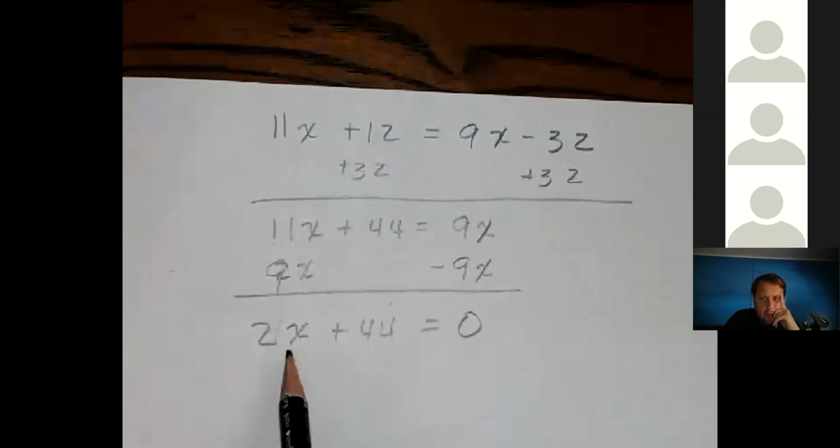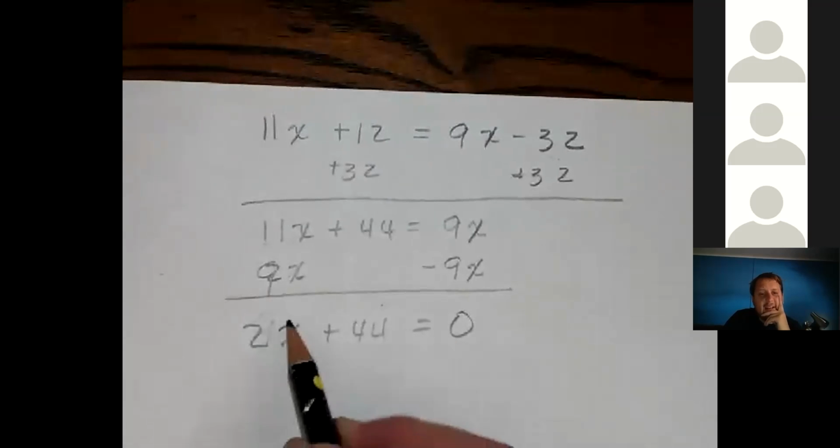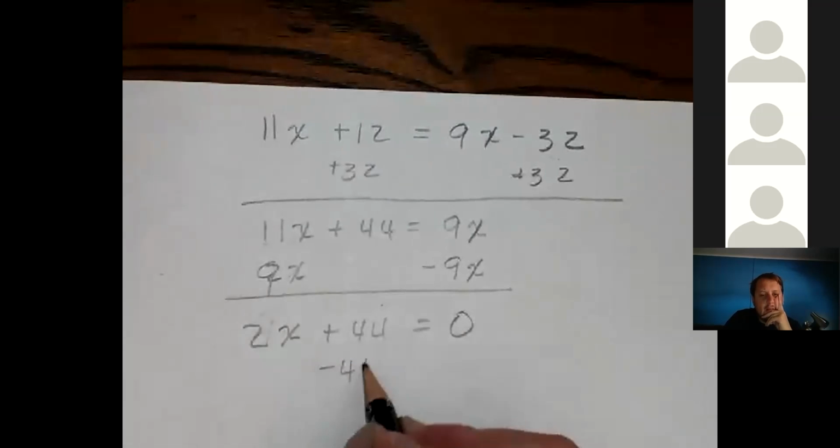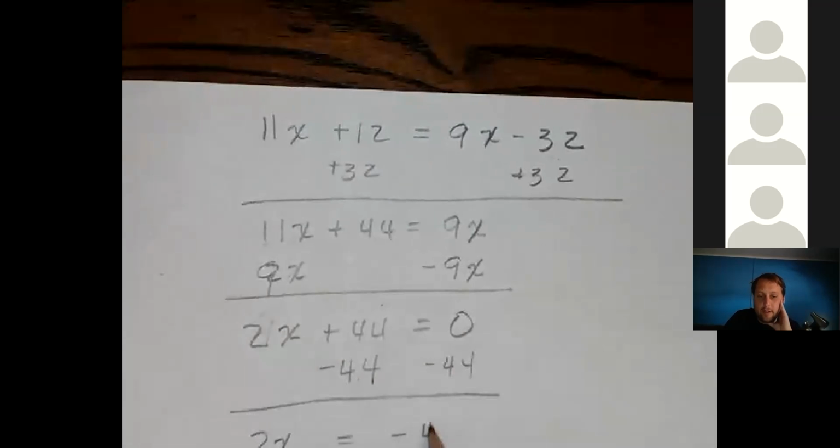No, we have to get x all by itself. We have some more steps. What's the next step now? Let's subtract the 44 at this point. So negative 44. 2x equals negative 44.